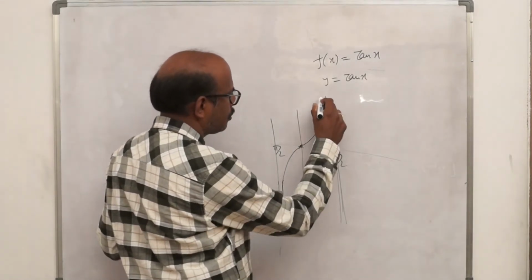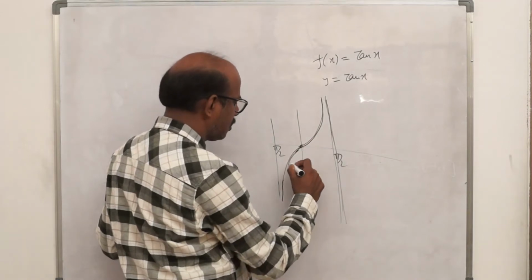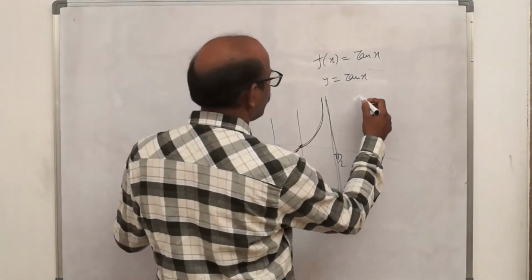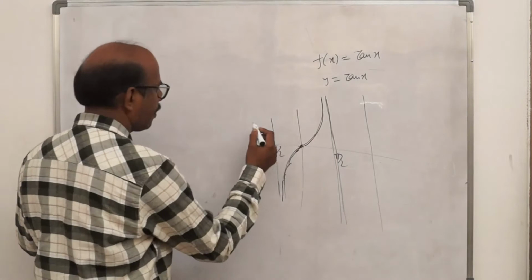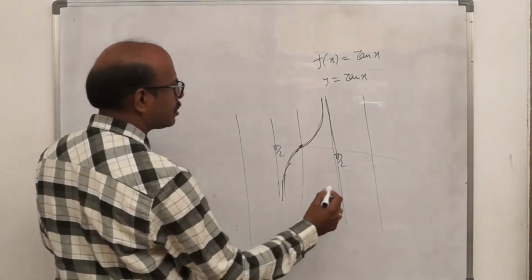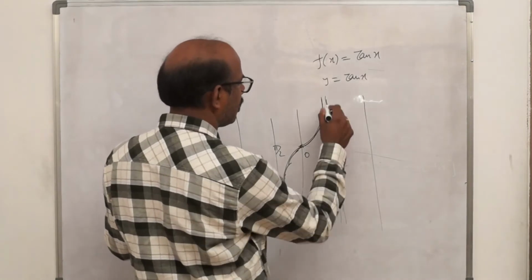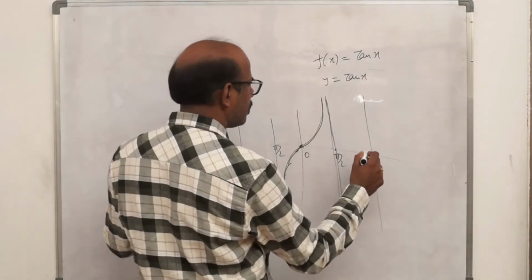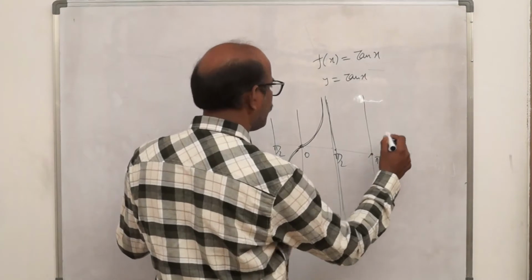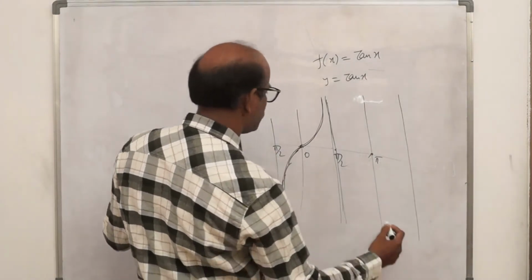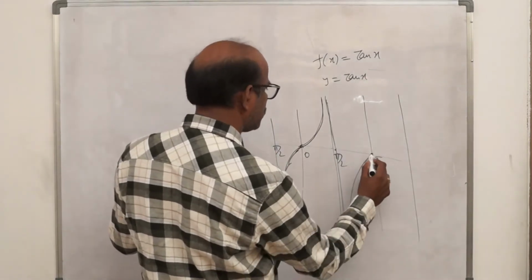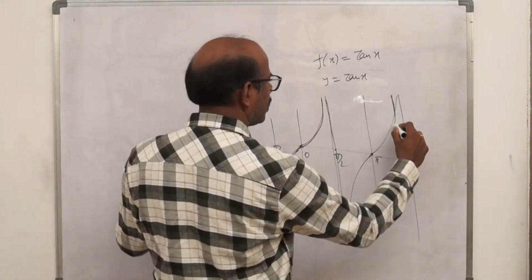The shape of tan x is like this curve. If you extend either left or right, you get the same shape. At 0 it is 0, at pi by 2 it is undefined, the asymptote, and at pi again it will be 0. So the shape is like this curvature.